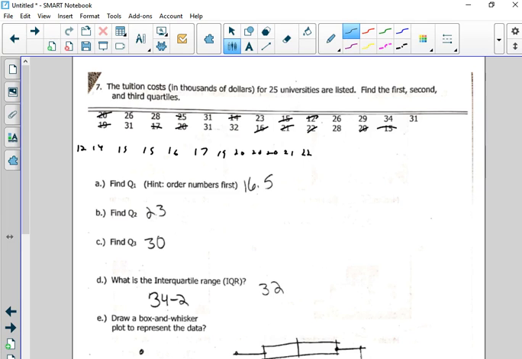I have a 25. 26. There's 2 of them. Does not look like there's any 27s, but there are 2 28s. A 29. There's no 30, but there's 4 31s.